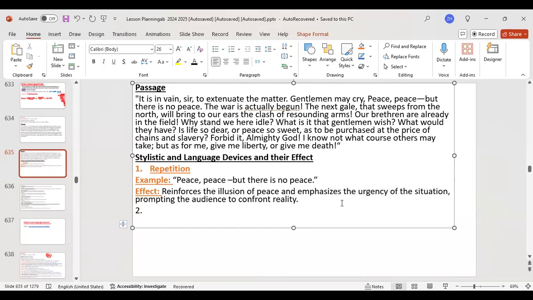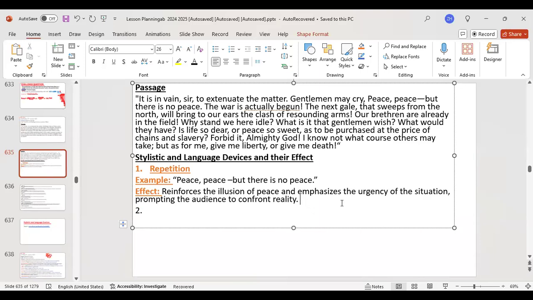This is how you handle a question like this. Obviously, you would write it in paragraph form; I'm just listing it for you. You would say the technique the author used is repetition, then give the example. Then you say the author uses this technique to reinforce the illusion of peace and to emphasize the urgency of the situation.